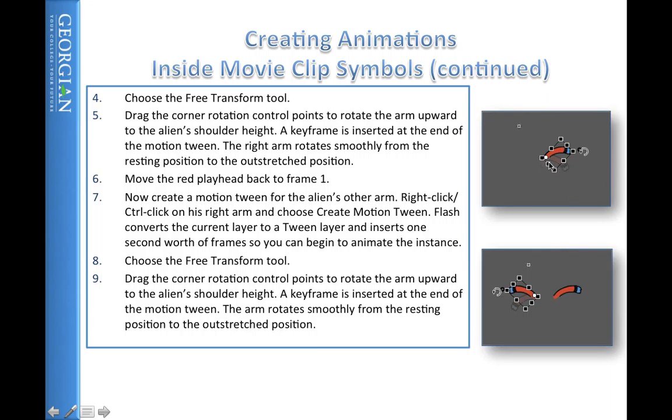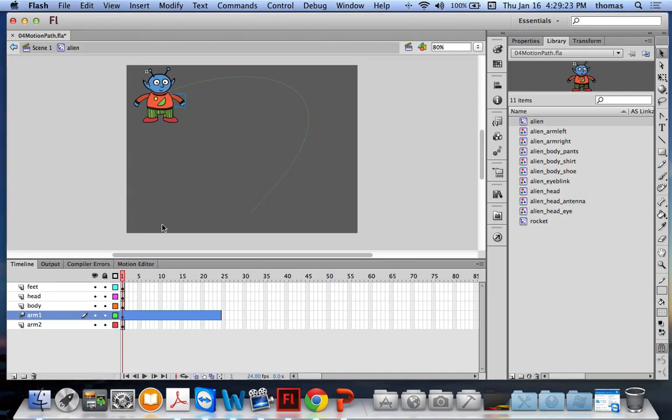The rotation, this little white circle, tells us where the alien's arms can rotate. So here we go. I want to move this to the end of the motion tween. Then at the end of 10 seconds, I want to zoom into the alien.